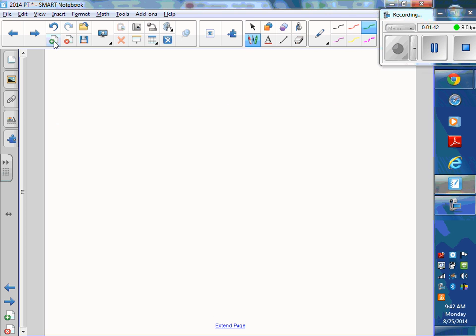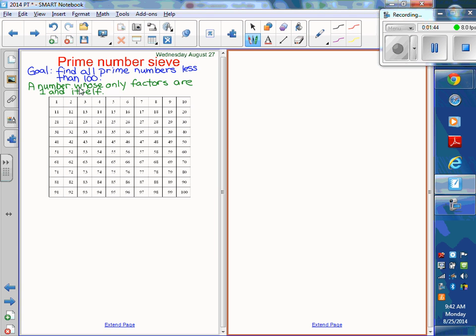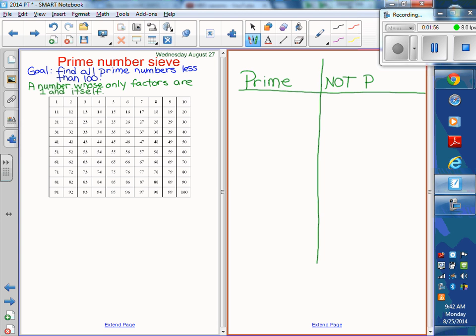This would be a good place to do a few examples. So examples of prime numbers, versus not prime. Let's think about some numbers.